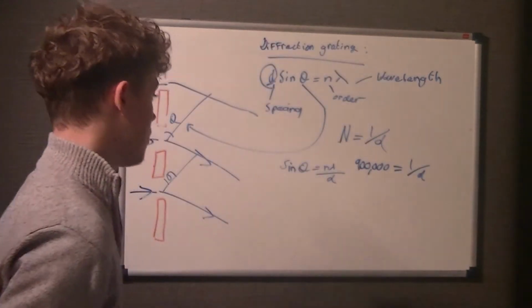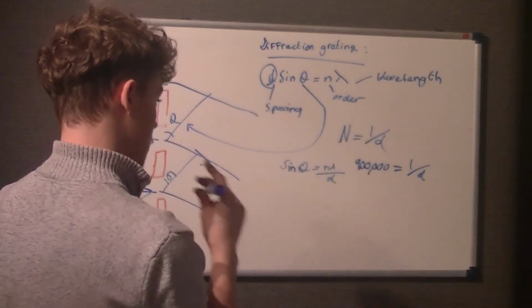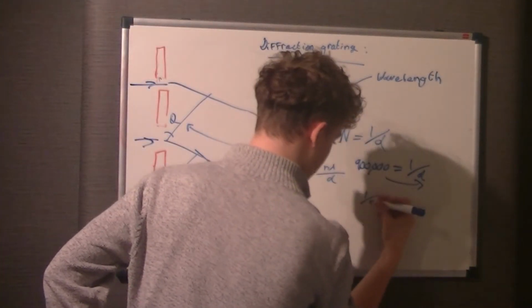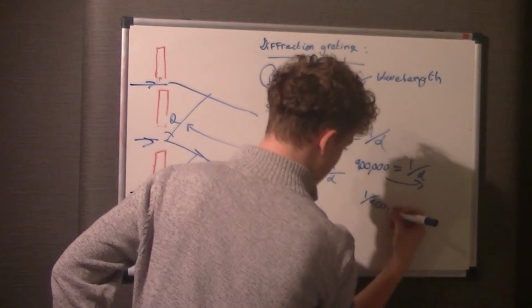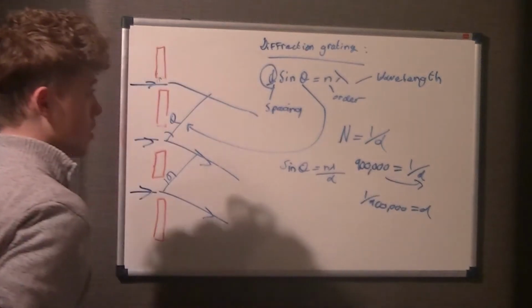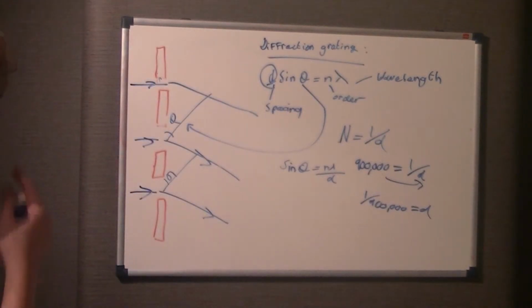Now to get d, you swap them two around. So 1 over 900,000 equals d. And then that gets you your diffraction spacing.